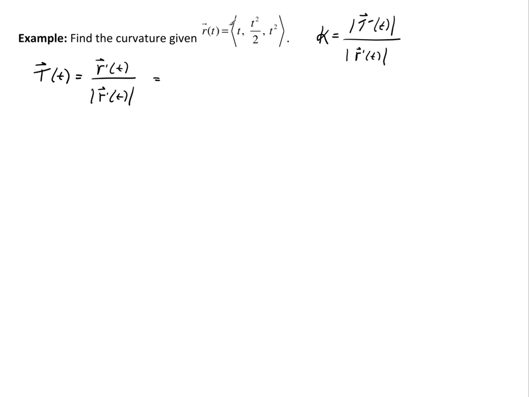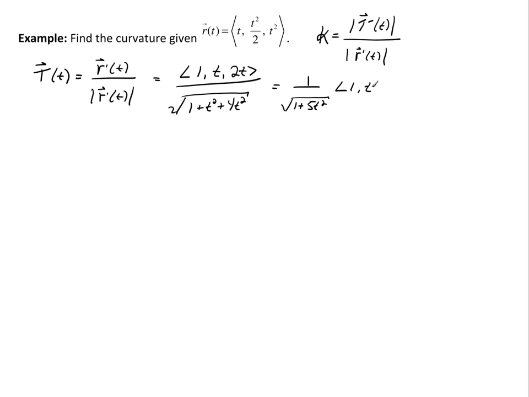So r prime of t is going to be equal to the vector 1, t, 2t divided by the magnitude of this, which would be the square root of 1 squared plus t squared plus 4t squared. So this gives me 1 over the square root of 1 plus 5t squared times the vector 1, t, 2t.